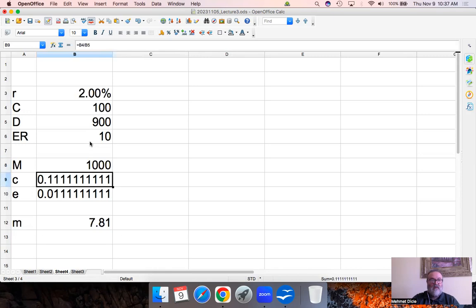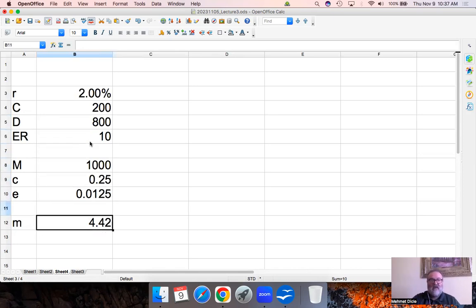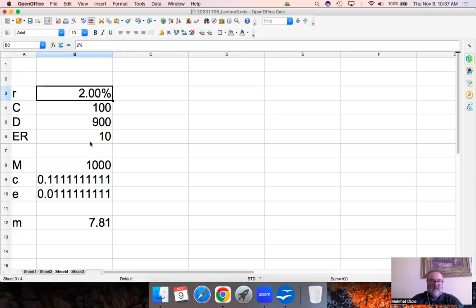So when you look at the c, the currency ratio, if the amount of currency that we hold increases compared to the deposits. So all in all, we had the money equal to 1,000. So keeping that 1,000 the same, if I were to have more cash but less deposits, notice how my money multiplier changed. In fact, I want to go back to 5%.